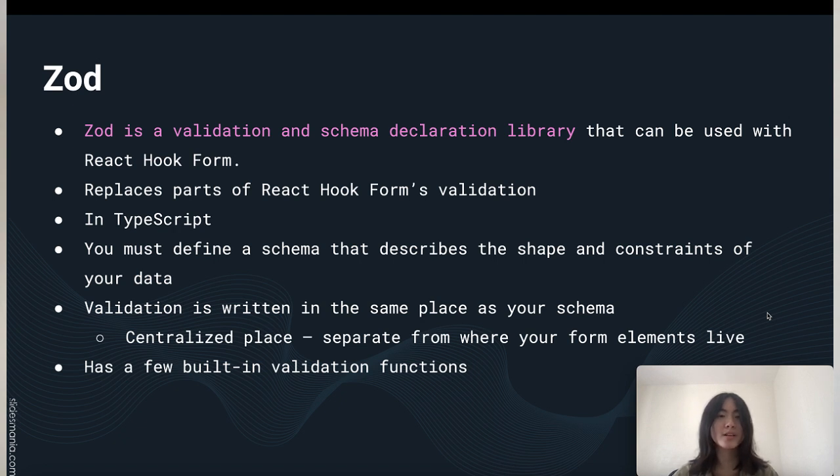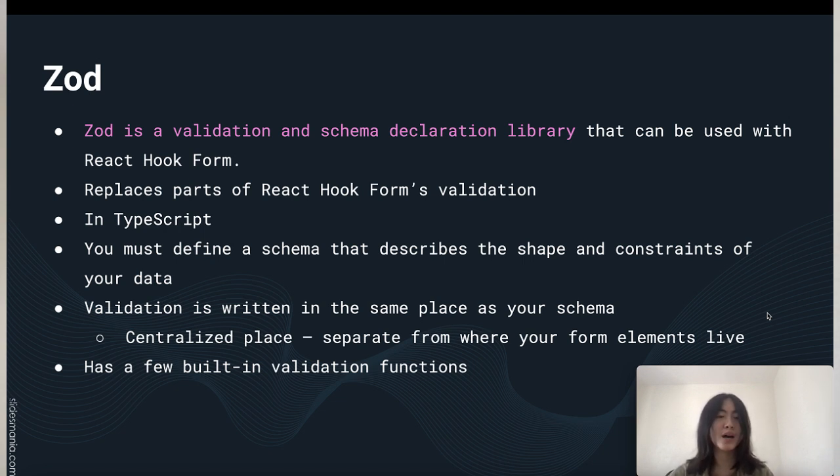Finally, we're going to be talking about how to validate our form data using the Zod validation library. So Zod is a validation and schema declaration library that can be used with React Hook Form. In fact, it replaces parts of React Hook Form's validation. And unlike React Hook Form, which can also be used with JavaScript, Zod is entirely in TypeScript.